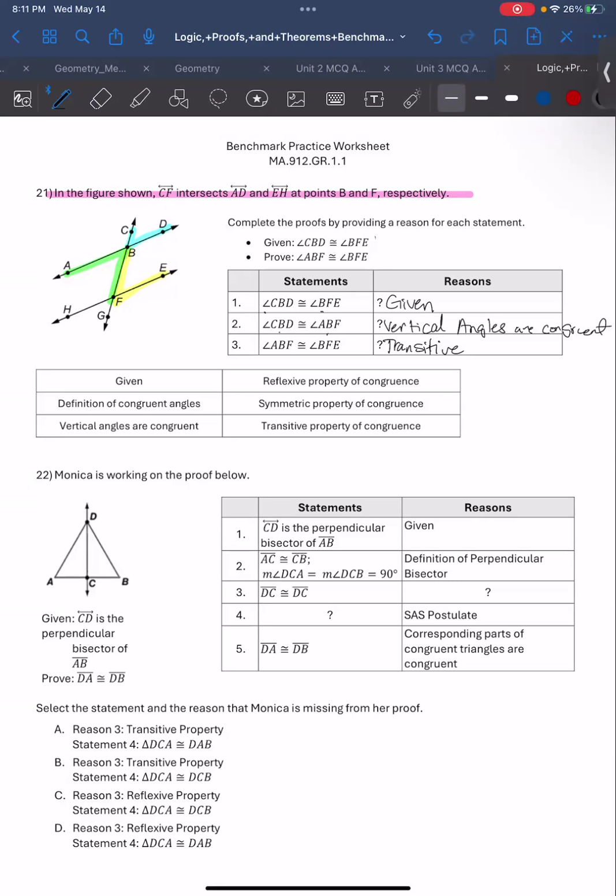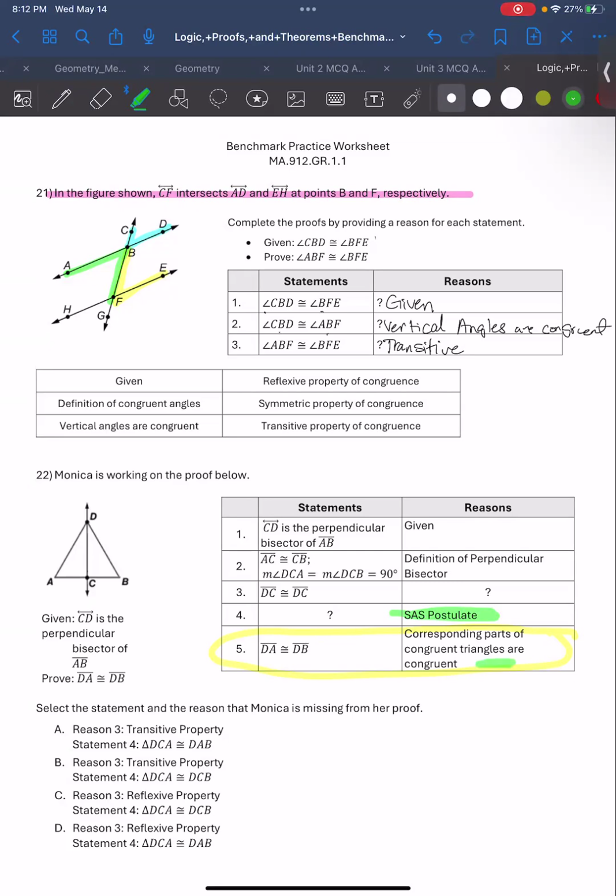When you have a triangle proof, and there is a step after a triangle congruency theorem, that's SAS, SSS, ASA, all of those, the reason will always be corresponding parts of congruent triangles are congruent.